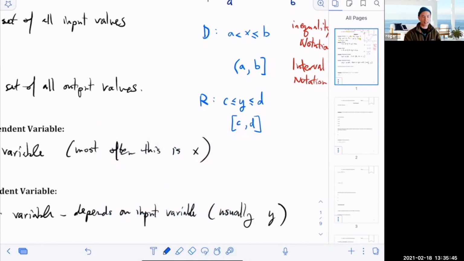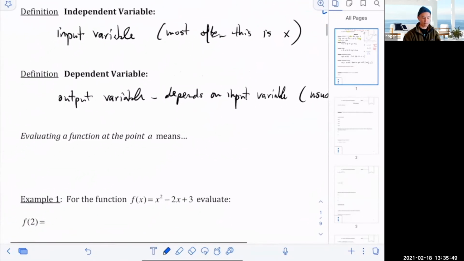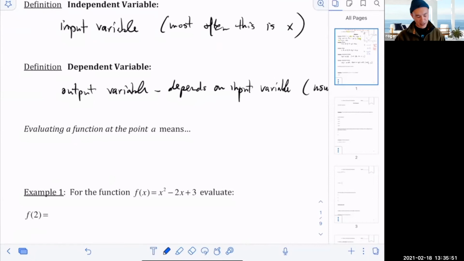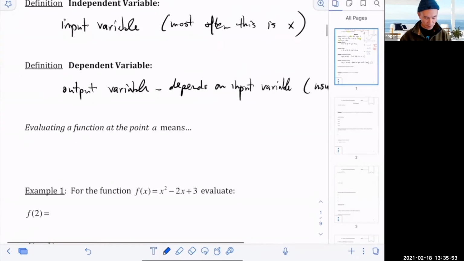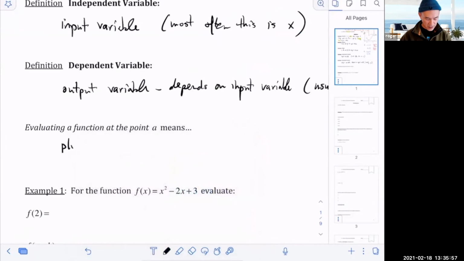Yeah, that's CD, Samantha and Catherine. Okay, so evaluating a function at a point A just means plug A into the function. Plug X equal to A into the function. So when we say evaluate at A, that's basically f of A.